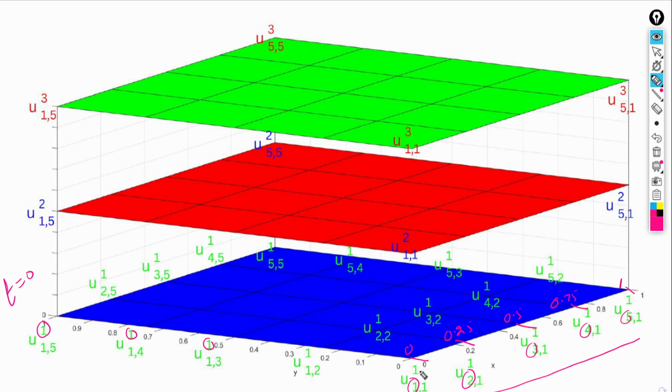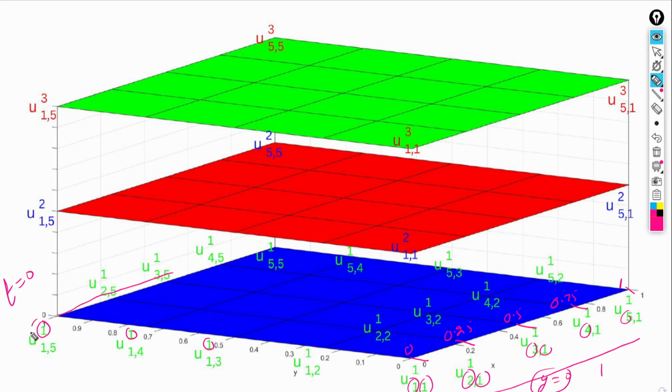Similarly, on the y-axis we have y equal to 0, and the index for this value is 1. So these are the boundary values on the x-axis.